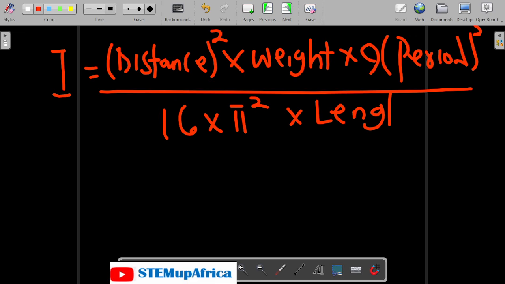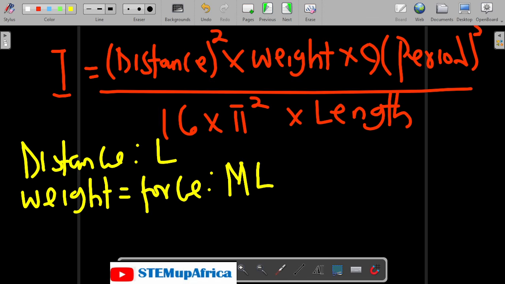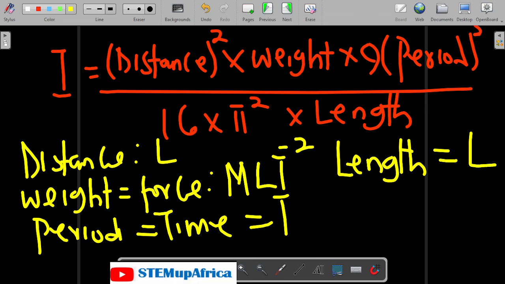For me to determine the dimension of the moment of inertia, I need to know the dimension of each variable given to us. Distance has the dimension of length, which is L. Weight has the same dimension as force, which is MLT^-2. Period has the dimension of time, which is T. Length has dimension L, the same as distance.